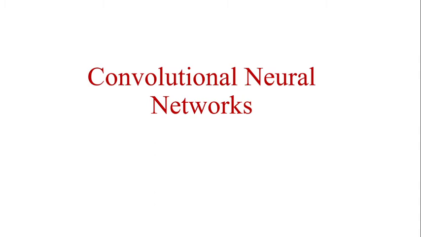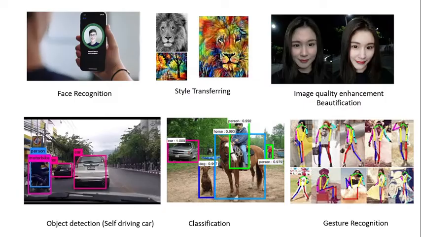Before jumping into that, let's first look at the convolutional neural networks around us, where we are utilizing CNN to solve some problems. I hope we have a smartphone which has the face unlock feature. That face unlock itself uses a convolutional neural network.